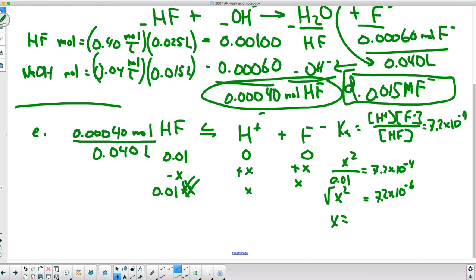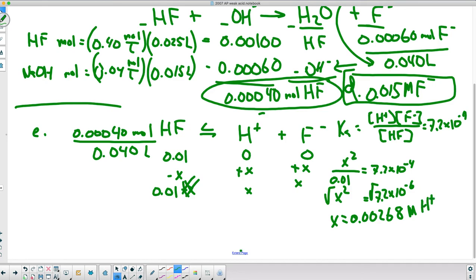I take the square root of both of them, and I get 0.00268 as my concentration of H plus, because that's what X equals.